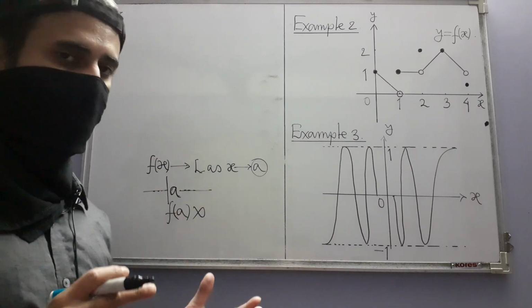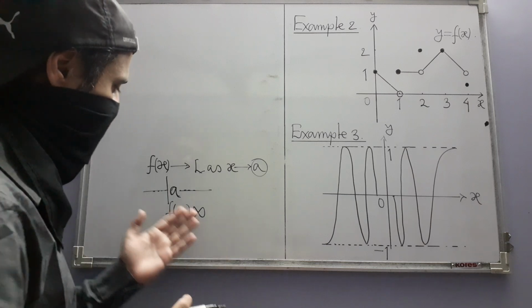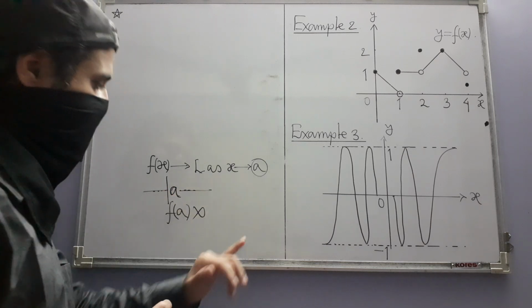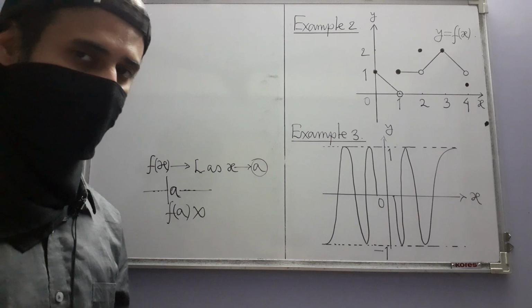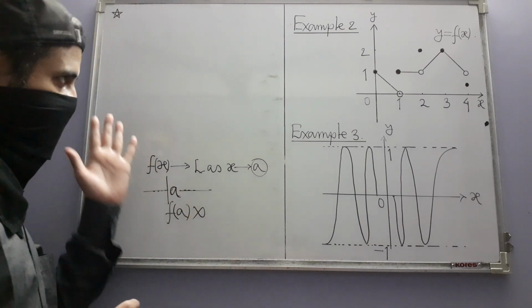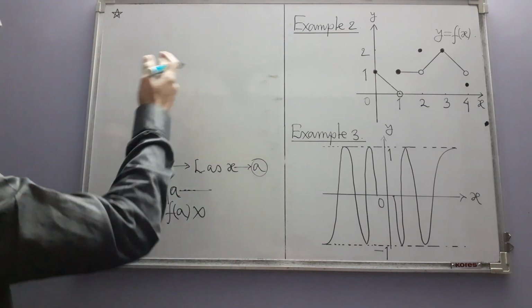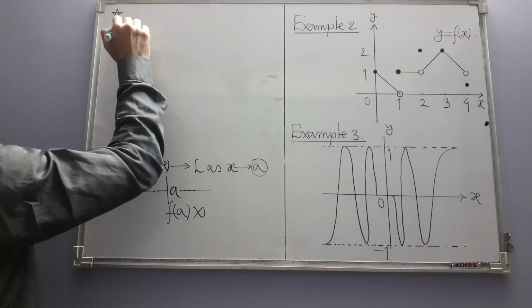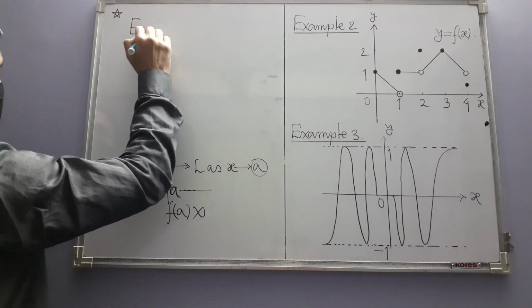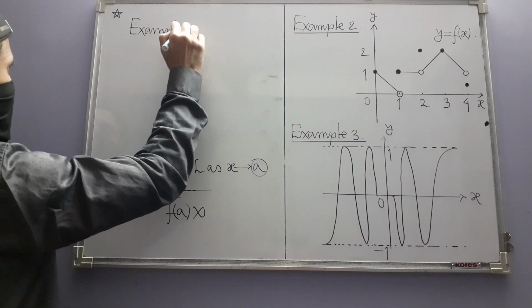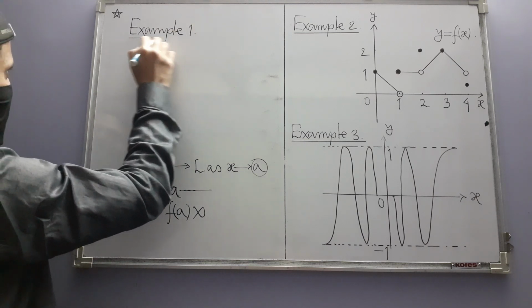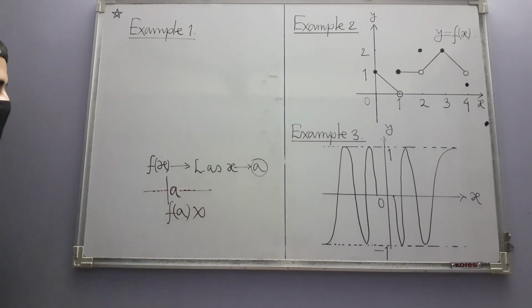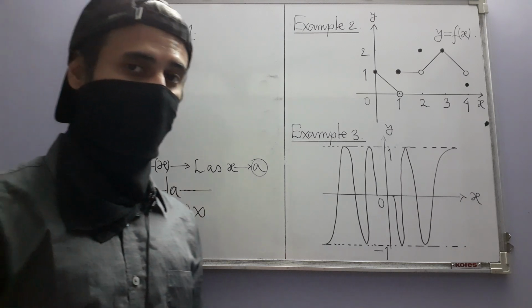So the ordinary limit, you cannot even talk about. You can only talk about the one-sided limit, the right hand limit. And the next example actually makes that clear. You have to have inputs on both sides of a in order to talk about limits.